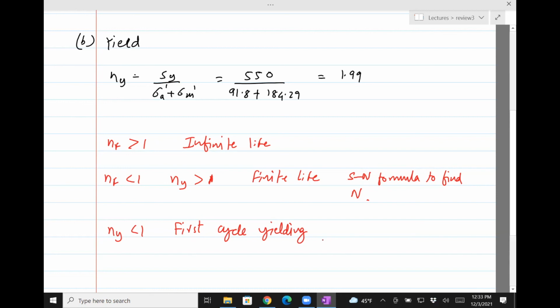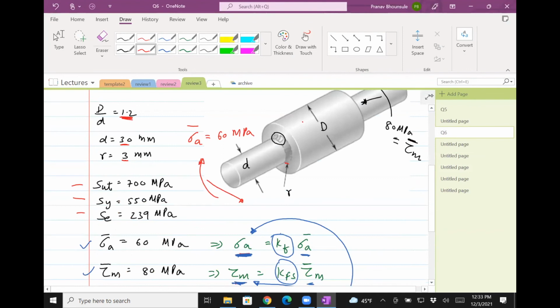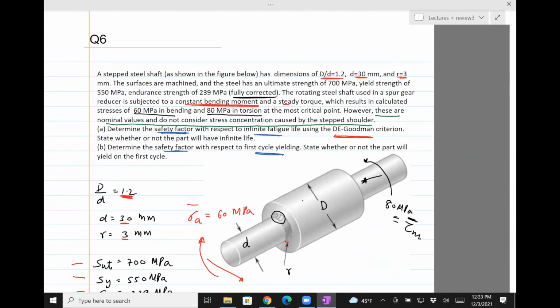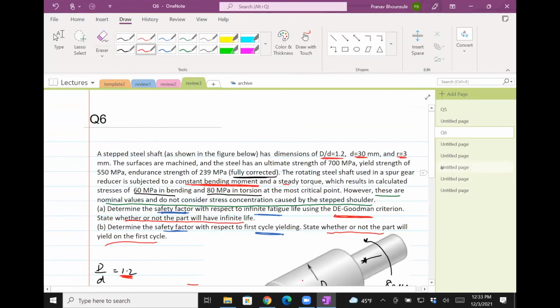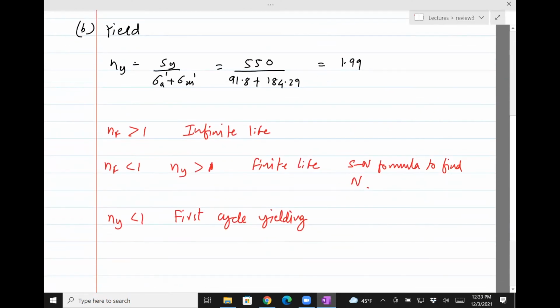Like, we go back to the actual main question. This is the question. State whether or not the part will yield on the first cycle, state whether or not the part will have infinite life. So the answer to the question is what? What do you think now, since I told you all the facts? I saw first cycle yielding. So the question asks you, will it have infinite life, will it have finite life, or will it have first cycle yielding?